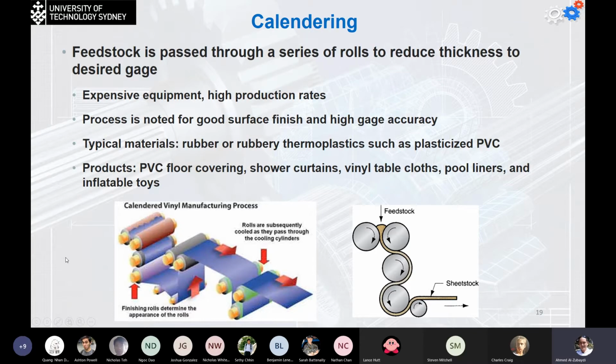The process is usually noted for good surface finishing and high gauge accuracy because we control the thickness during the rolling process. Typical material is rubber or rubbery thermoplastics such as plasticized PVC. The products can be PVC floor covering, shower curtains, vinyl tablecloths, pool liners, and inflatable toys.